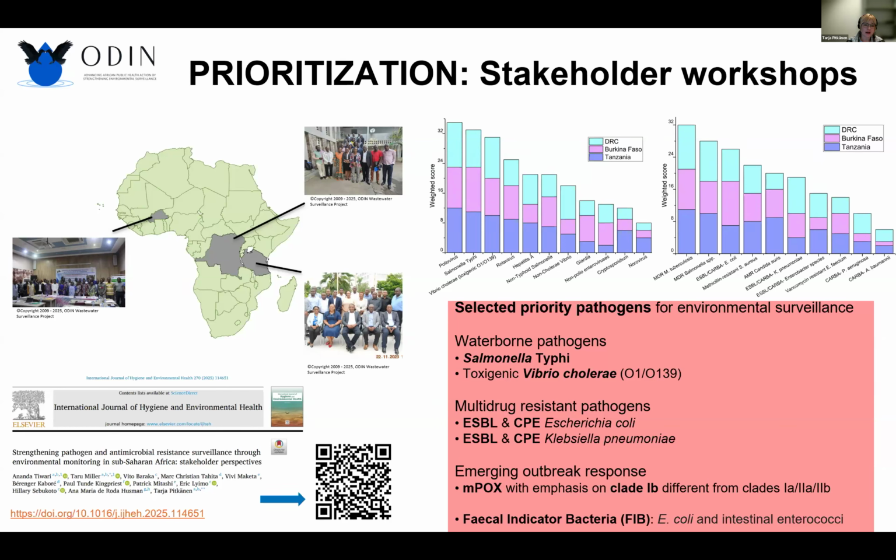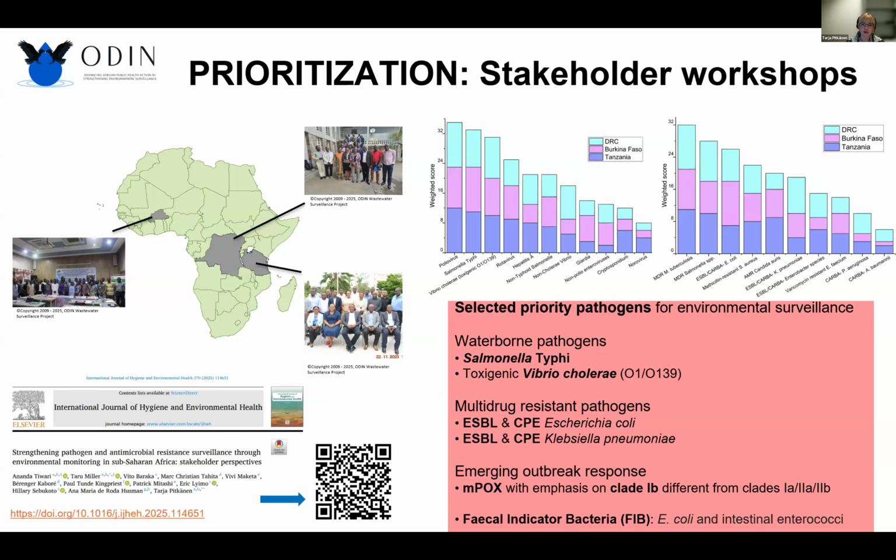I want to say that there are also other approaches for prioritization. WHO has also launched a draft protocol for prioritization in wastewater surveillance. So this is just one way to find out what the priorities of the communities are.